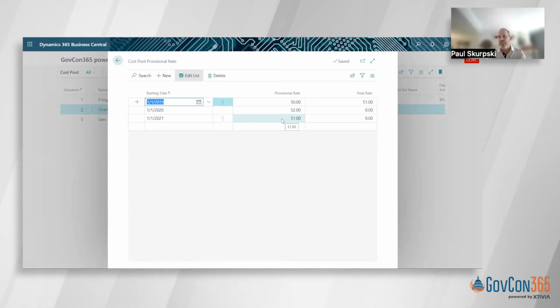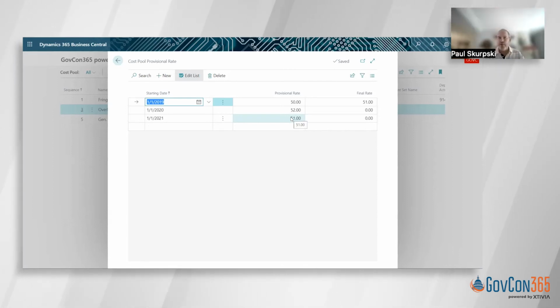The system is going to track provisional and actual throughout time. You'll also see, in your reports, you can run them based on provisional or actual. And then as it relates to our overhead, we could show indirects applied both to posted and unposted data. With the unposted data, we just use the provisional rate.